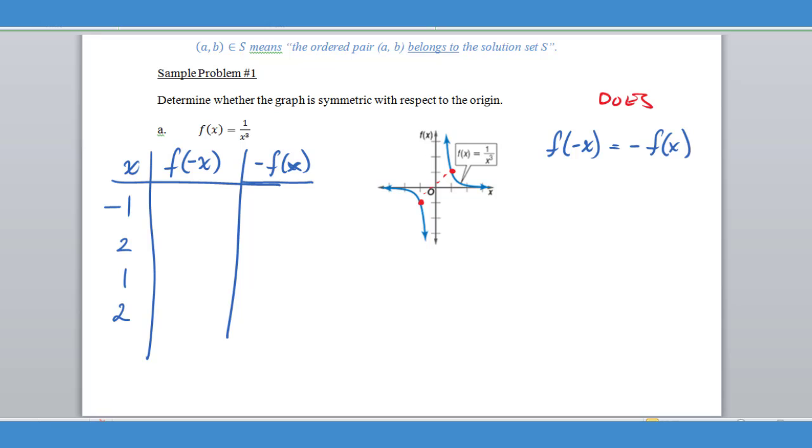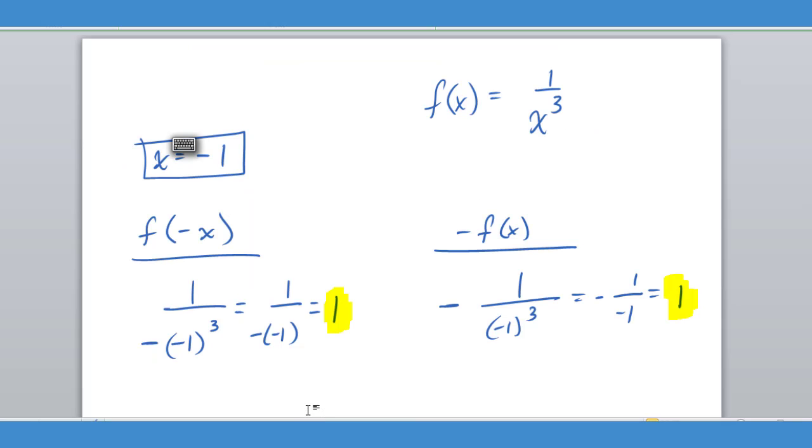table of values here that I need to fill out and determine if these two functions would be equal to each other. And so I'm just going to go to a separate document so that you can see some of the calculations here.